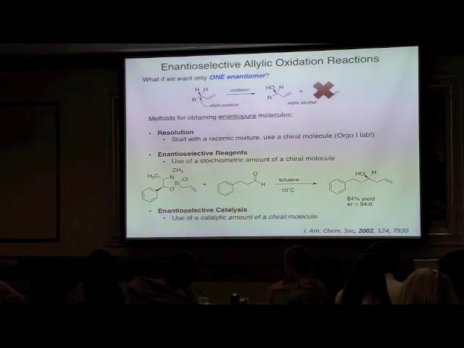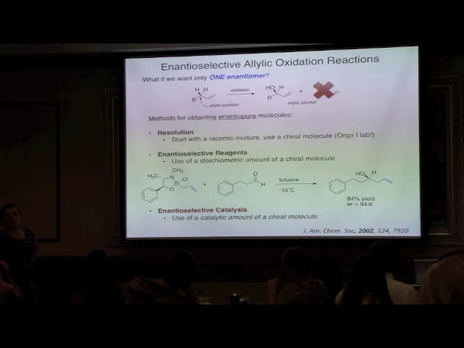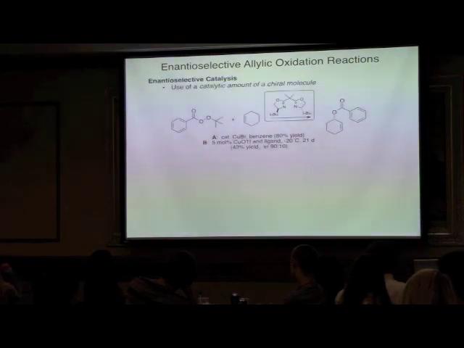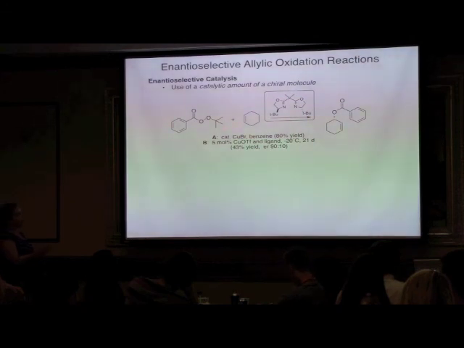The way that I like to think about these things, and many others work toward this, is enantioselective catalysis: using a catalytic amount of a chiral molecule instead of a stoichiometric amount. The reaction we've been working on this summer, and this is not the one we specifically used but something done in the past, basically has an oxidant, so we're doing a Kharasch oxidation, and then we have our cyclohexene.